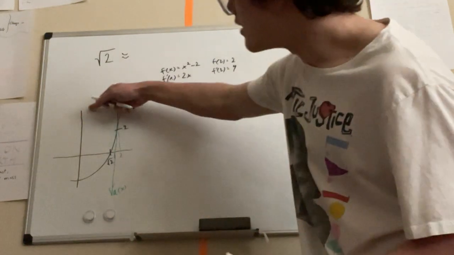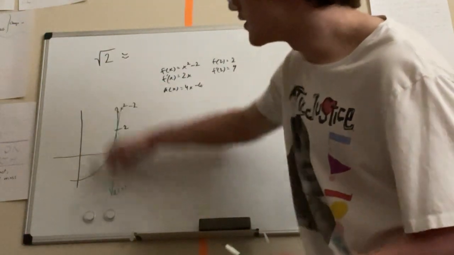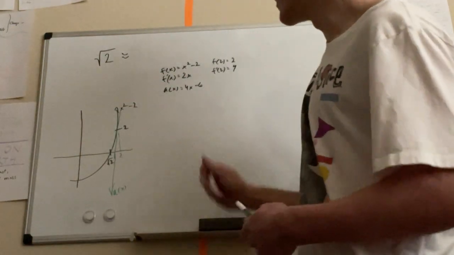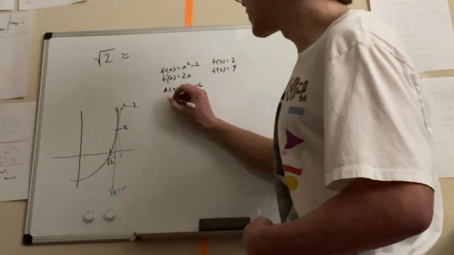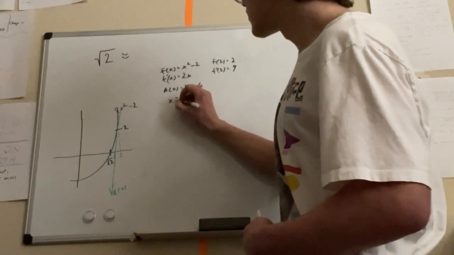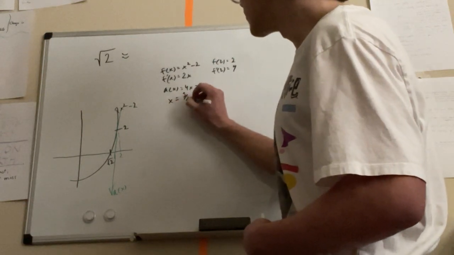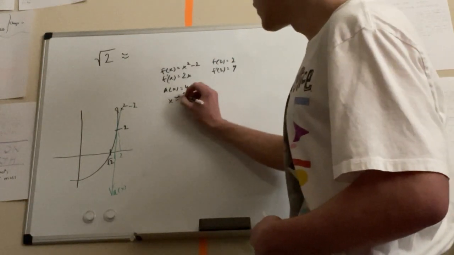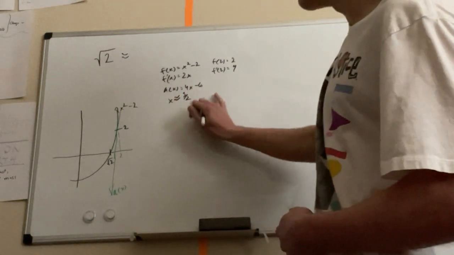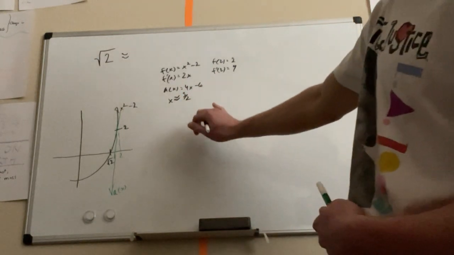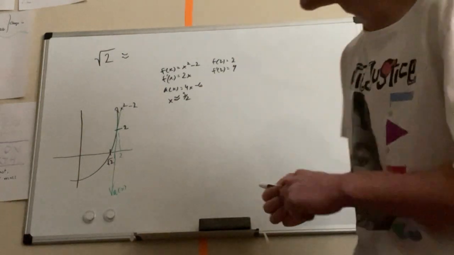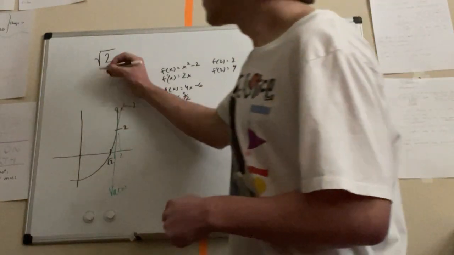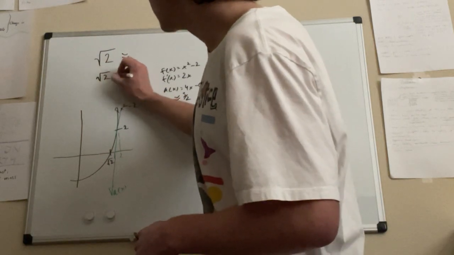We set a of x, which is the line, equal to 0, then that would mean x would be equal to about 3 halves. Now, I hope you kind of picked up, but the square root of x is equal to x.